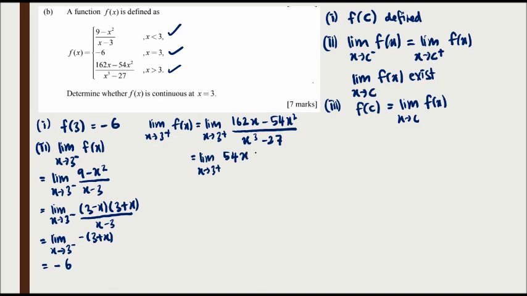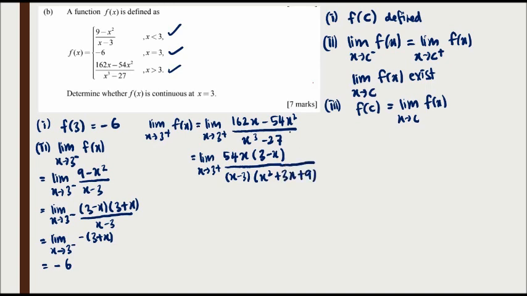So 54x, and then over here we will have 3 minus x. For the denominator, we can also factor it, and we get x minus 3 times x squared plus 3x plus 9.